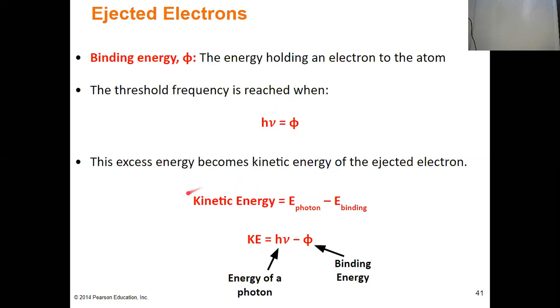You can figure out what the kinetic energy is because you can get that HV value. You can take the frequency and Planck's constant, calculate the energy of the photon, and then subtract the binding energy from that value. The leftover energy is the kinetic energy of the electron.